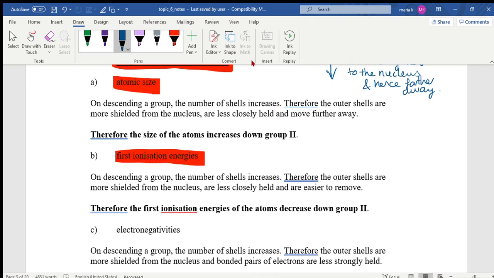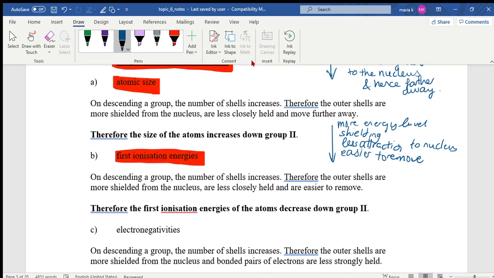As you go down the group, now remember these group 2 atoms are trying to lose electrons, and so as they go down the group, more energy levels, more shielding, less attraction to the nucleus, and it's easier to lose electrons, easier to remove electrons, and so that makes the ionization energy decrease as well.